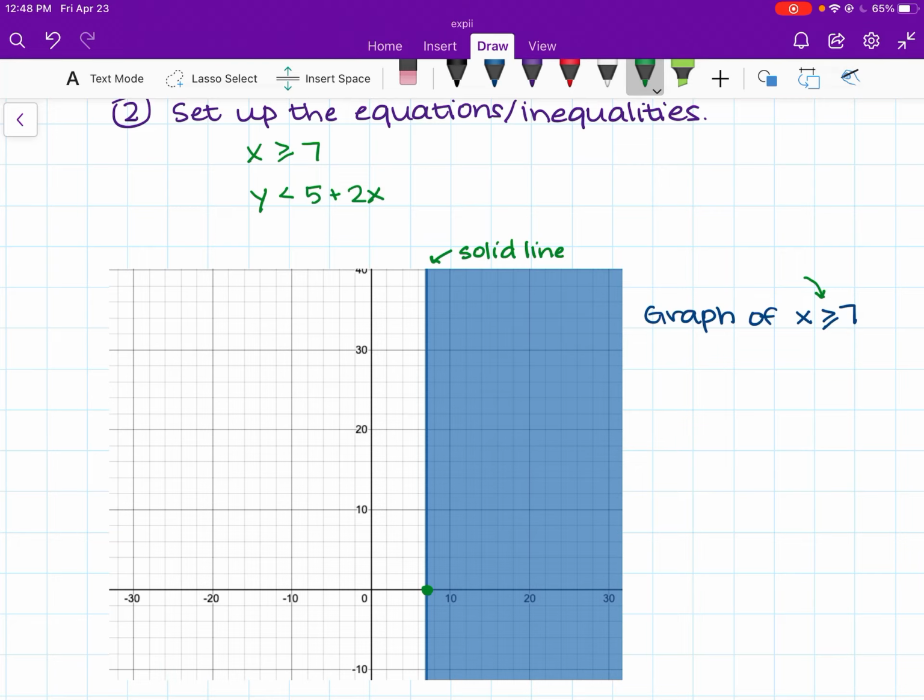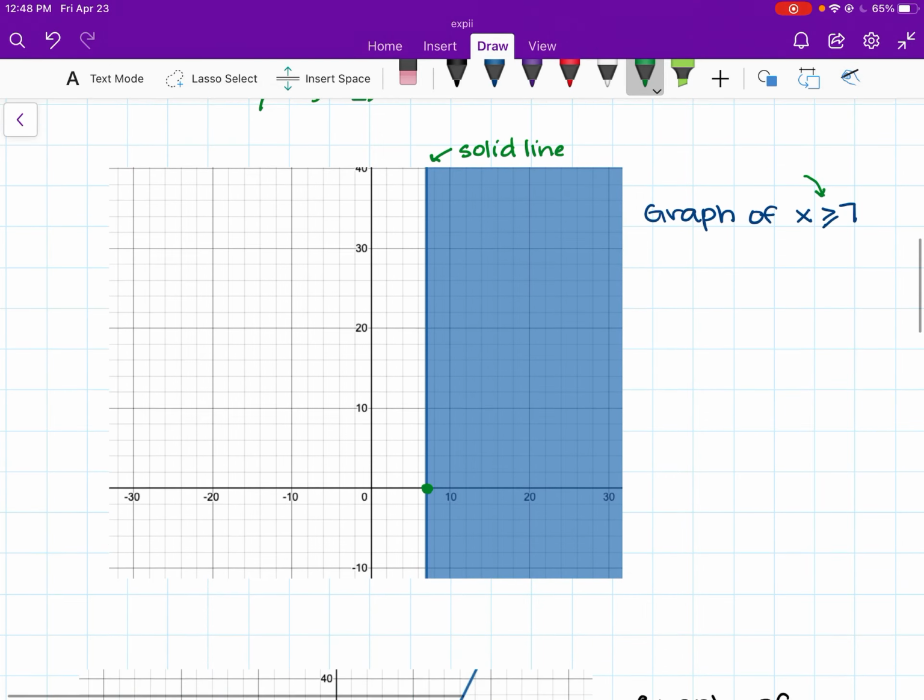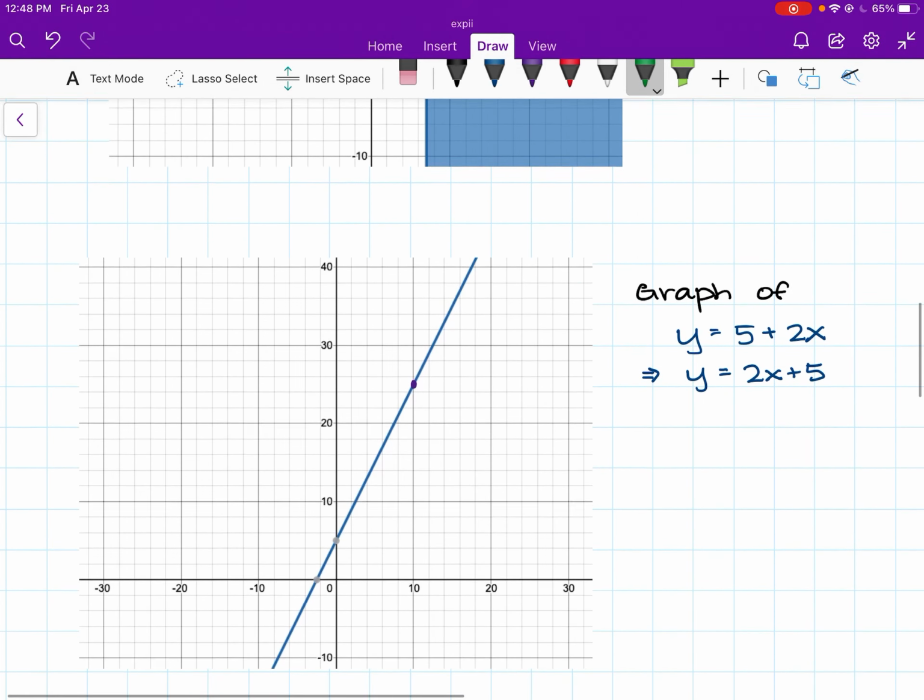The next inequality we're going to graph is y is less than 5 plus 2x. Graphing inequalities like that is a little tricky. The first thing we're going to do is swap out that inequality sign for an equal sign, and we're going to graph y equals 5 plus 2x. And so I did that here.